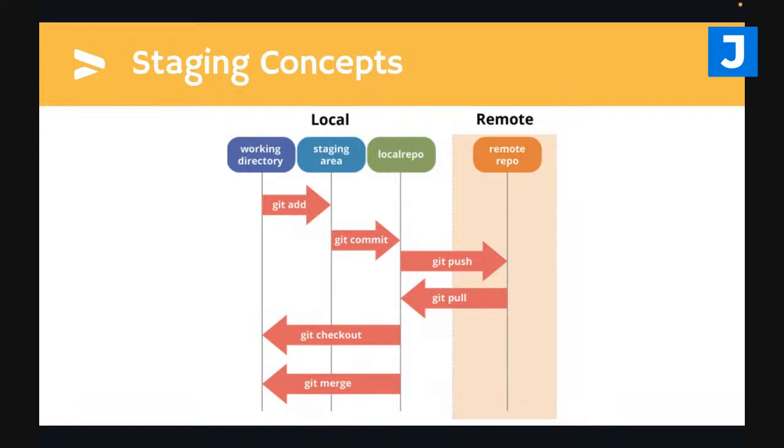The first one is the working directory, जो कि हमारी local machine होती है. Okay, and then उसके बाद होता है हमारा staging area, which is the middleware between the working directory and the local repo as well. And then after that we have the local repo and then the remote directory. Remote directory is the repository on GitHub as well.